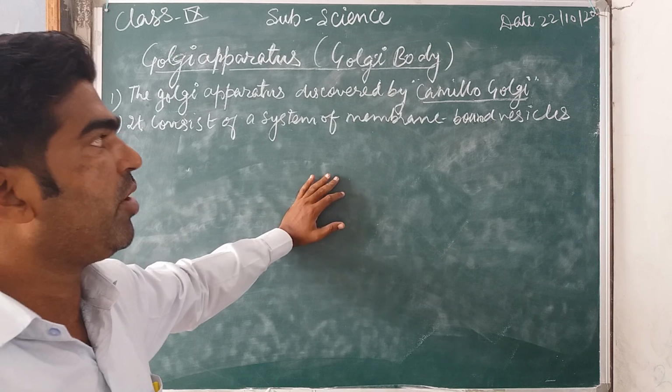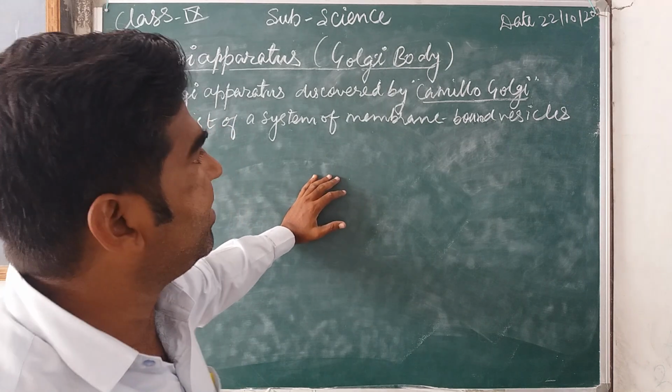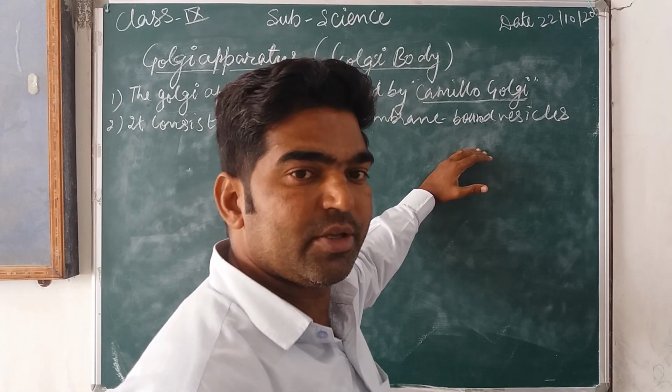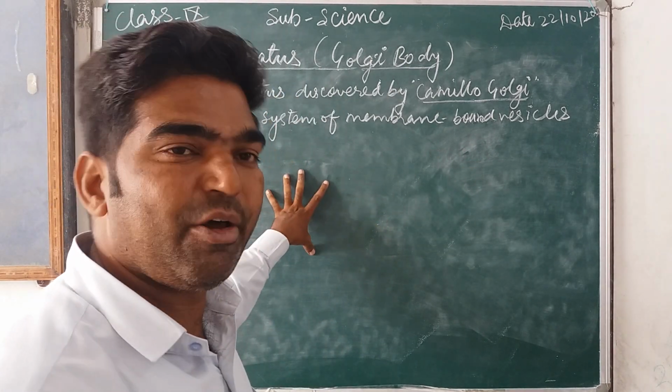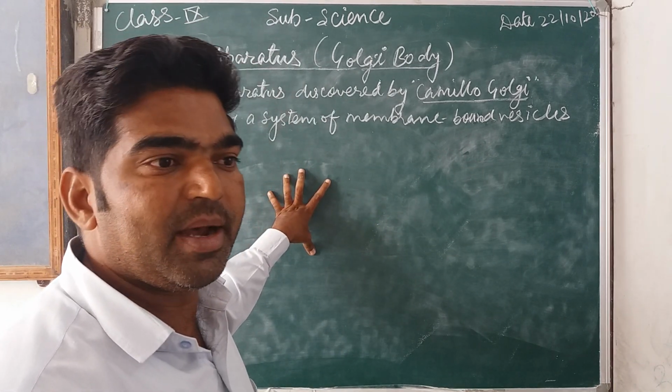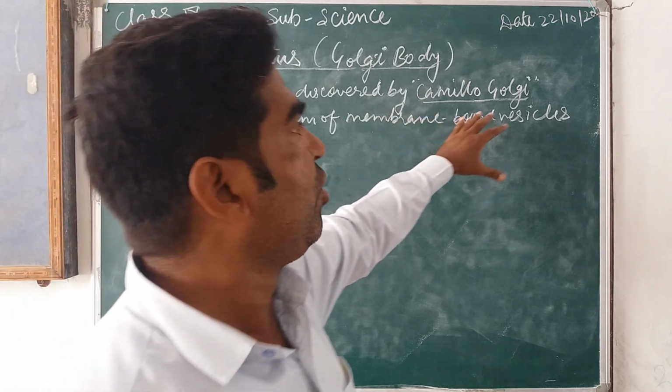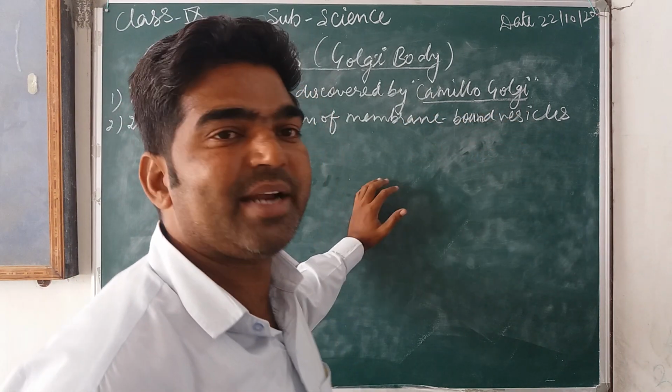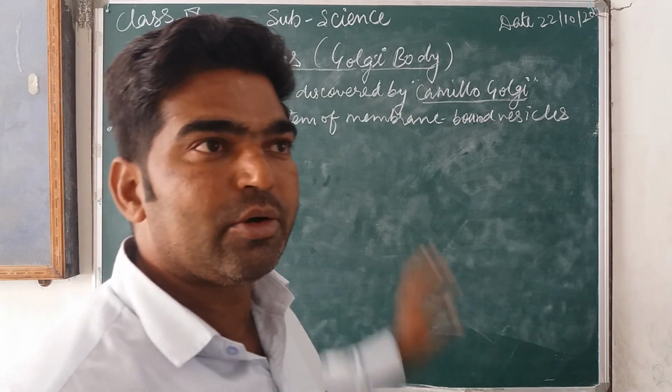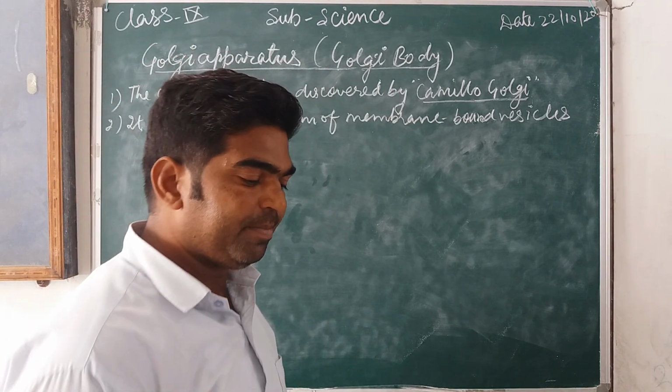Why is it called a Golgi body? Because it was first discovered by Camillo Golgi. This cell organelle was discovered by the scientist whose name was Camillo Golgi, so on that basis it is known as the Golgi apparatus or Golgi body.